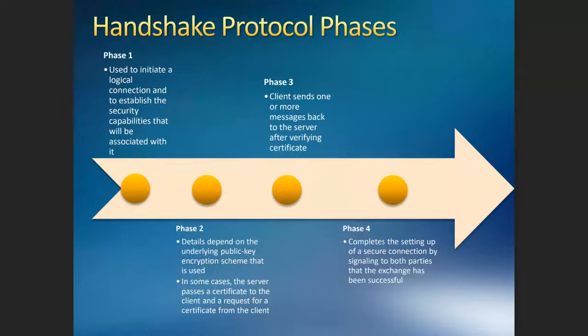The second phase depends on the underlying public key encryption scheme, and in some cases the server passes a certificate. At phase 3, the client sends one or more messages back to the server after verifying the certificate. At phase 4, the setup of a secure connection is completed by signaling to both parties that the exchange has been successful.